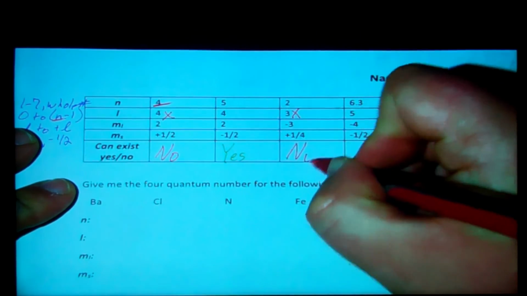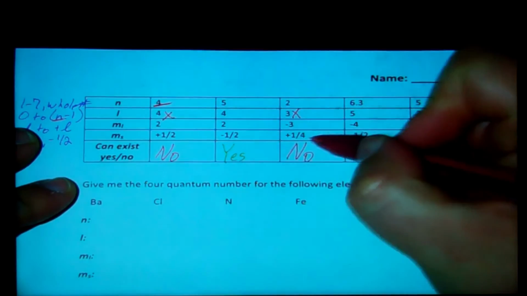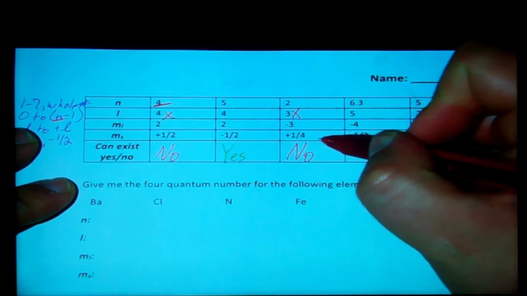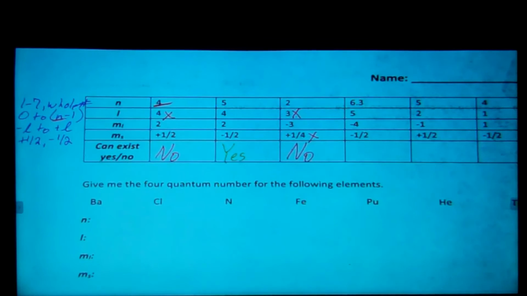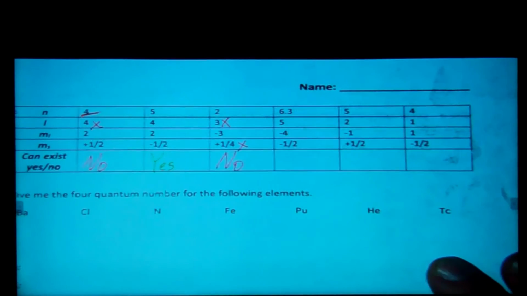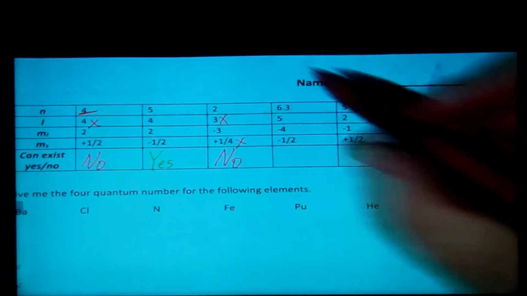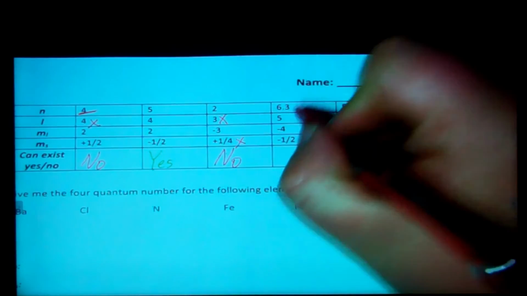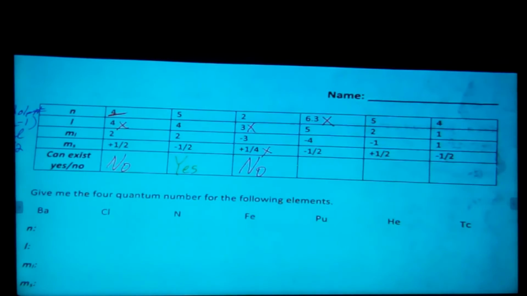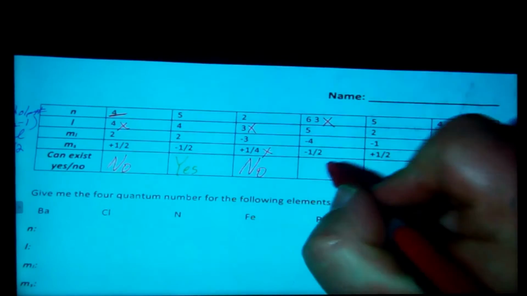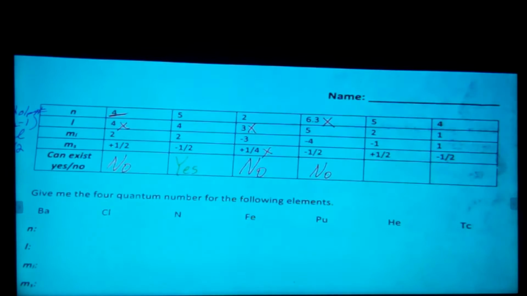Also had a problem here: look at the spin number. It cannot be plus 1/4. Let's move to the next one. n is 6.3. Can n be 6.3? No, it has to be a whole number between 1 and 7. So, no, it cannot exist.